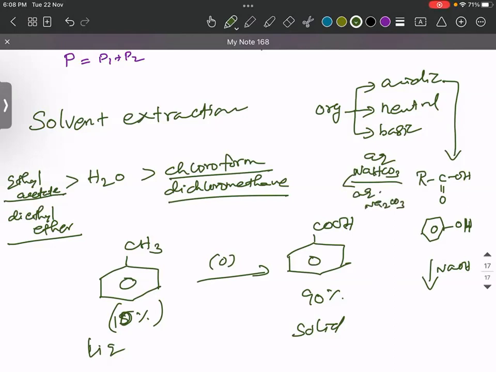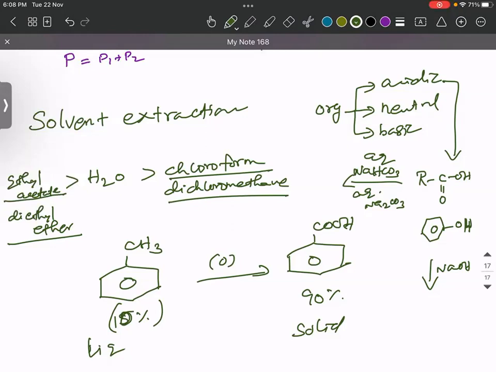Okay, so the toluene and benzoic acid mixture you have taken, you put it in the ethyl acetate. Ethyl acetate won't react, but you add sodium bicarbonate and shake. What will happen? One compound goes to the ethyl acetate, the other compound will come to the aqueous layer. Which compound will come to the aqueous layer? I am taking sodium bicarbonate.